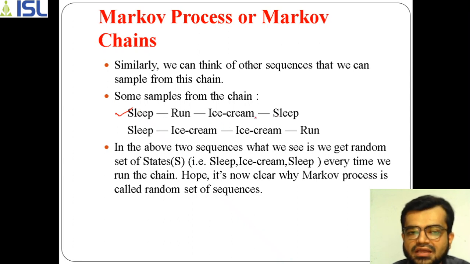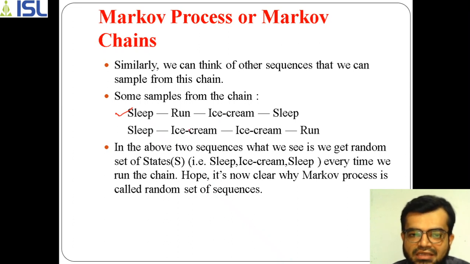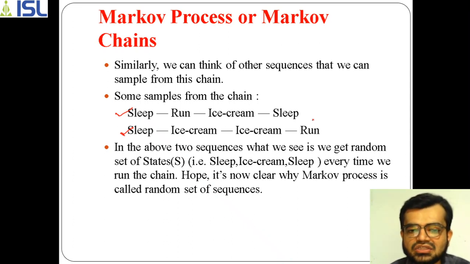After going from ice cream you can go to sleep, so something like a chain is there. A chain is how the connection is made. It can also repeat the same state, because repetition is possible. For example, in the second sample you can observe ice cream again preferring ice cream, so there is no fixed sequence at all. The process is completely random in nature.